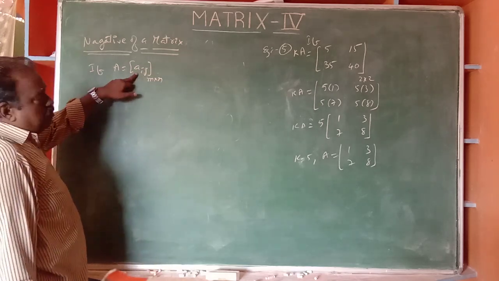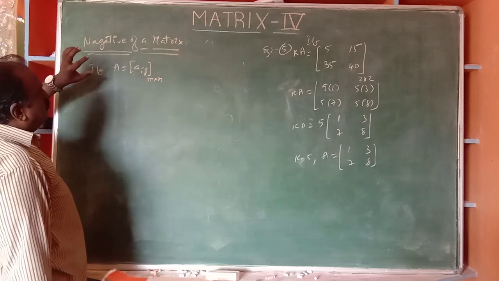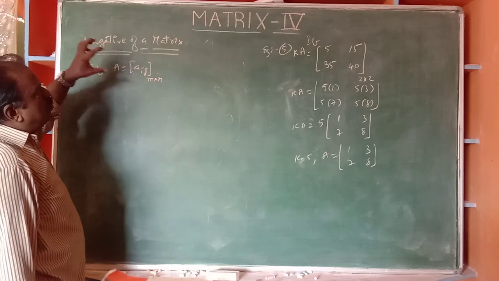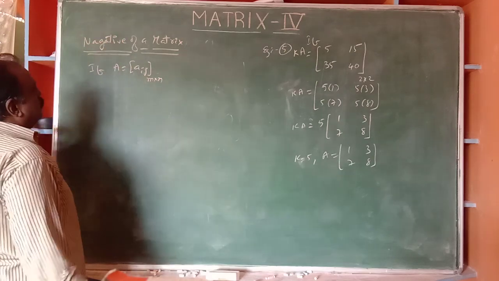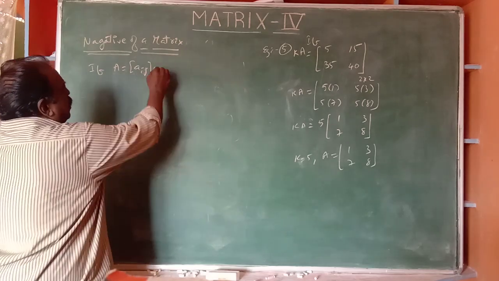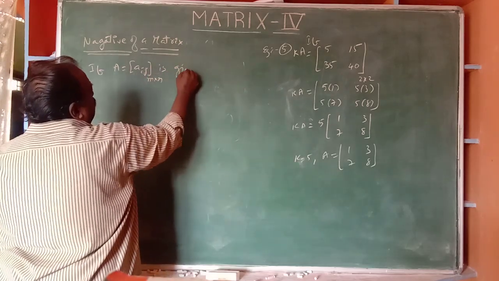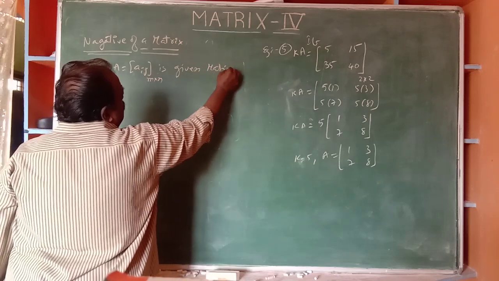It is also a general element, in the ith row, jth column. Whenever you want to express a matrix A, capital A should be Aij, whereas capital A is a given matrix.